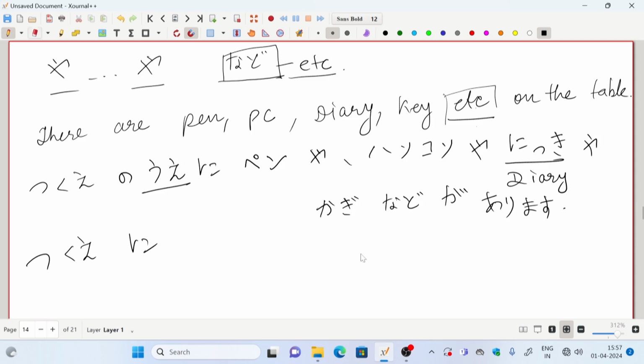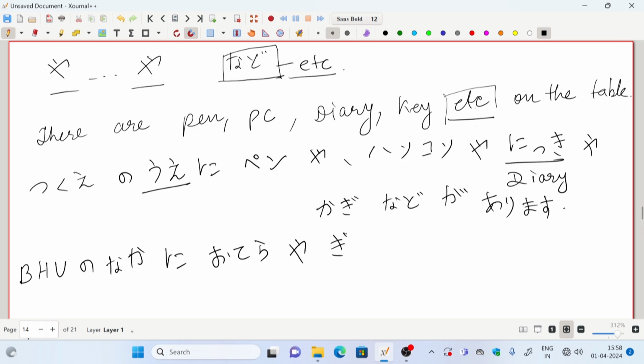Okay, suppose we want to write what is inside the university. There are many things in the university and we want to describe that. So in BHU, Banaras Hindu University, naka is inside. There are many things. BHU no naka ni there is a temple, otera ya. There is a bank, called ginko ya.